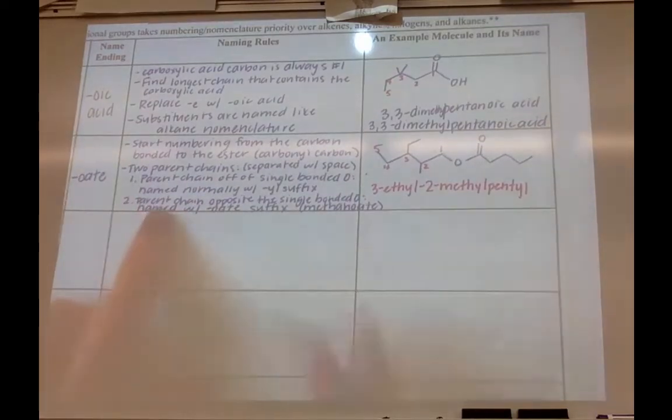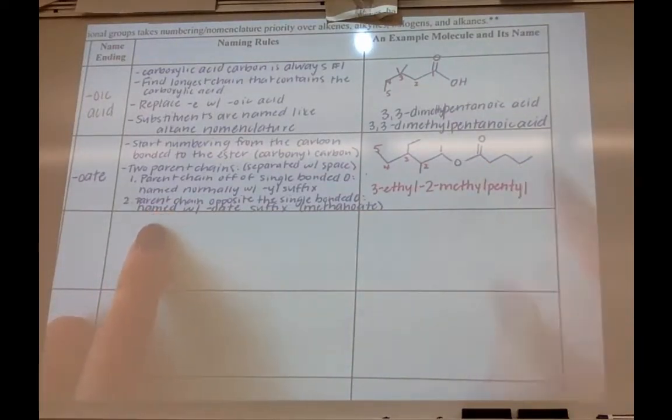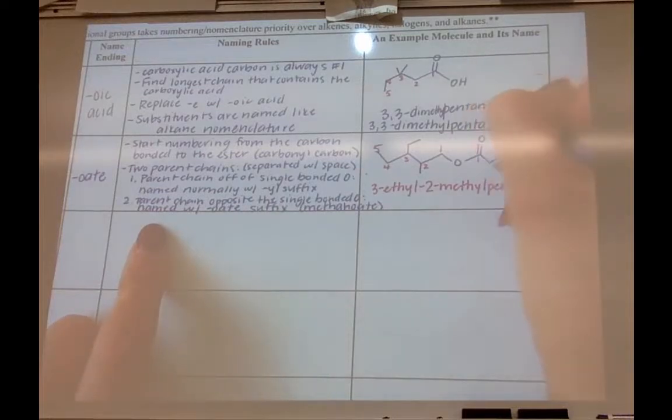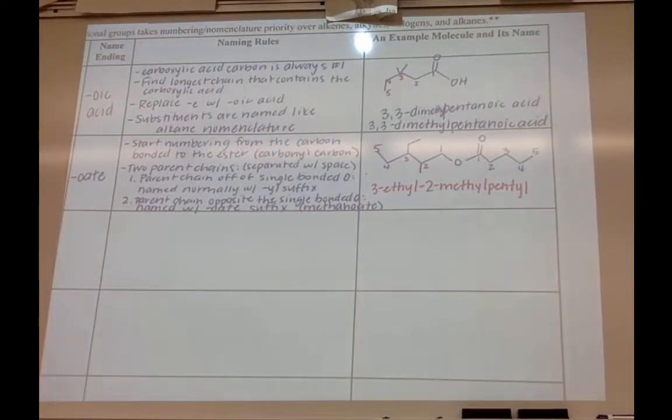And then the second parent chain is this parent chain that's opposite the single bonded O. Now I'm going to number 1, 2, 3, 4, 5. Notice how both of the carbon 1s are on each side of the oxygen. 5 carbons again is what parent chain?